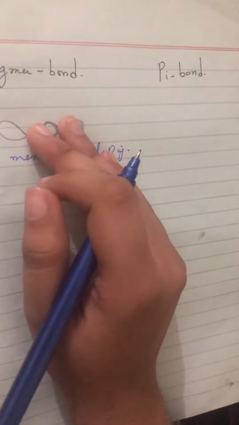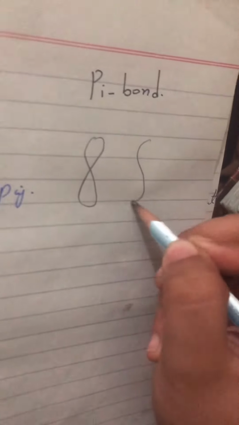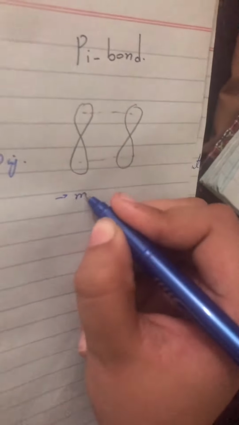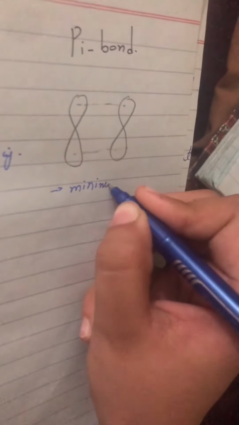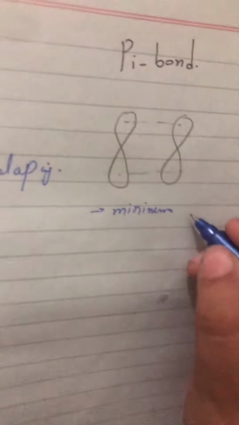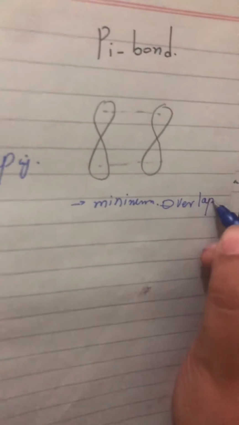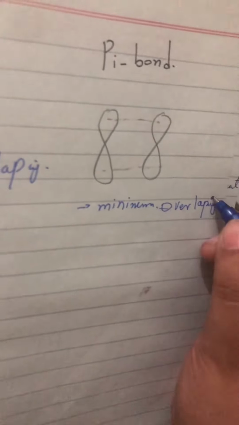But in pi bond, that is side by side overlapping, so that will be the minimum overlapping, like this. This will be less overlapped, or we can say minimum overlapping.